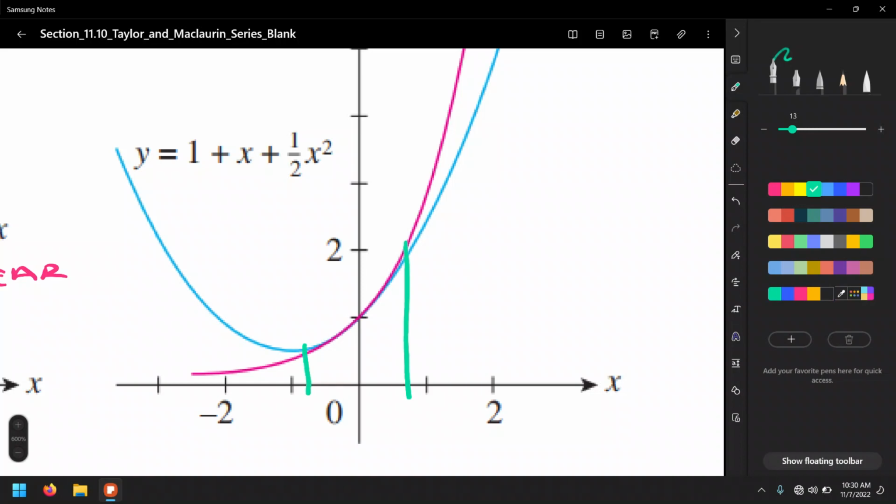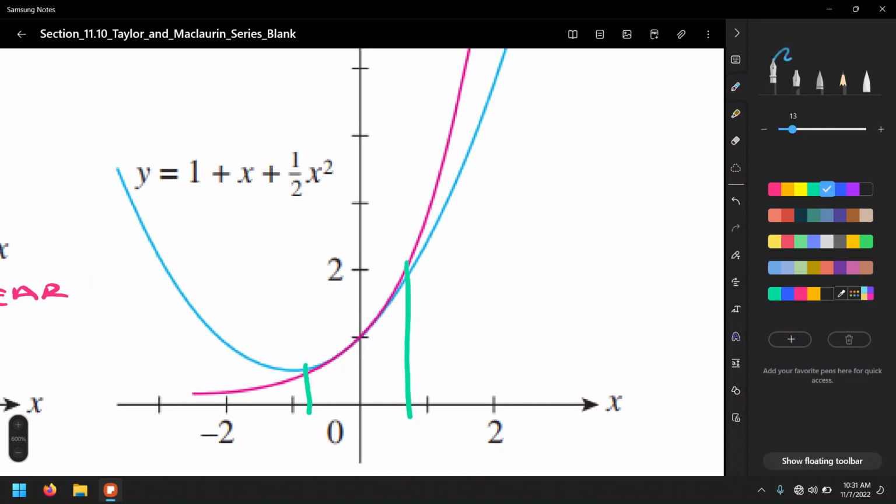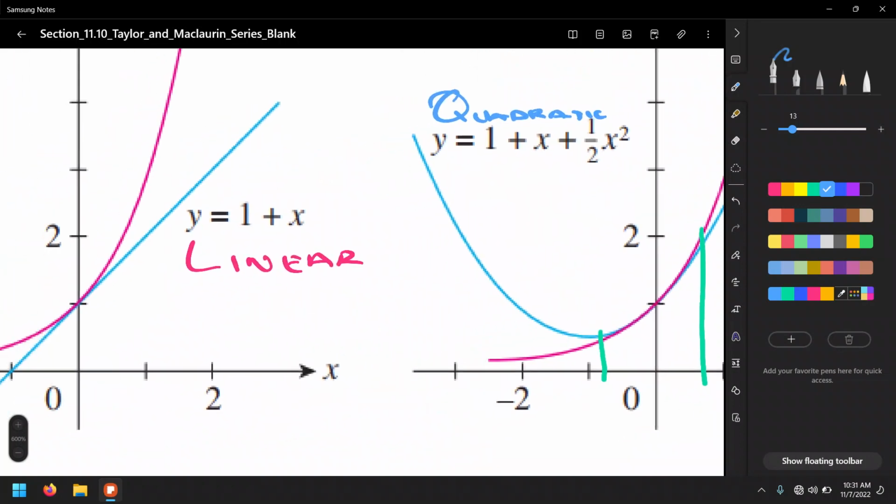In fact, if you notice, the graph in blue, which is the quadratic approximation, overlaps the original function e to the x at more points than the linear does, compared with the linear approximation. So check how many points it overlaps.